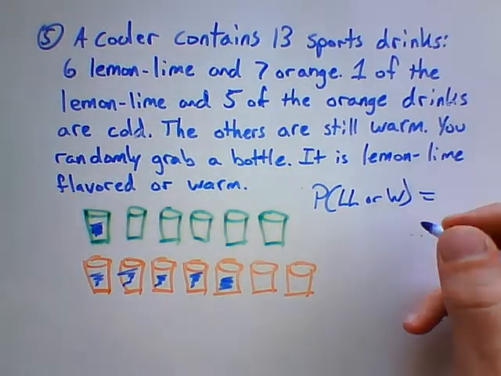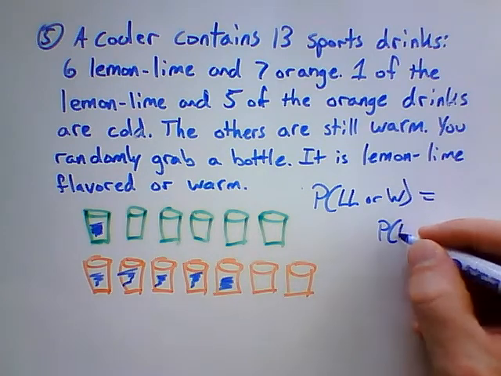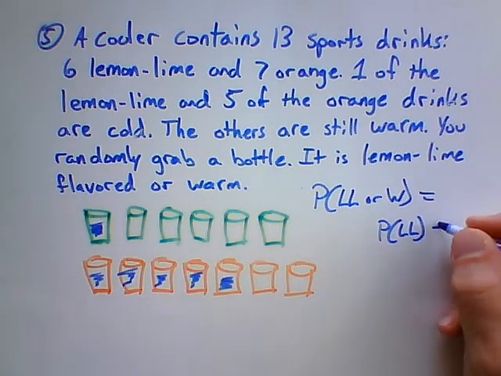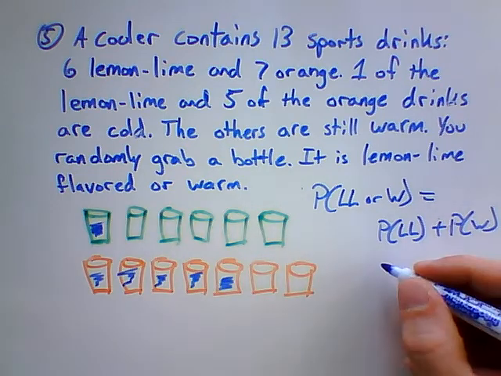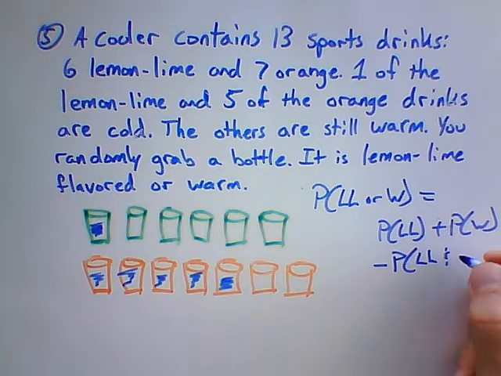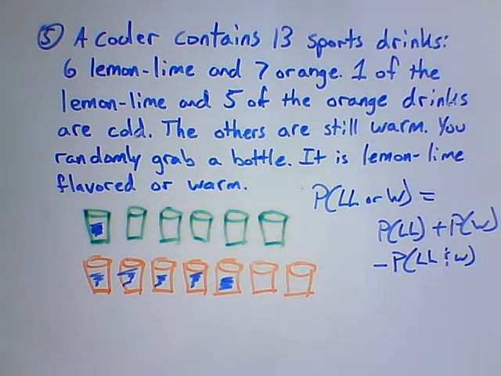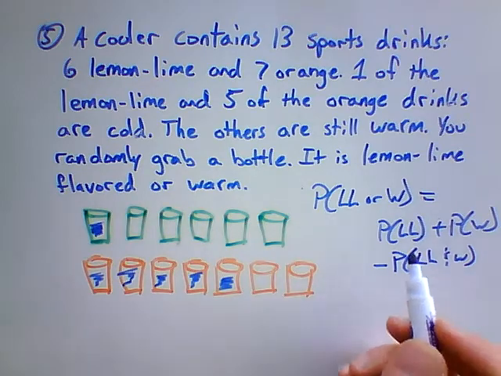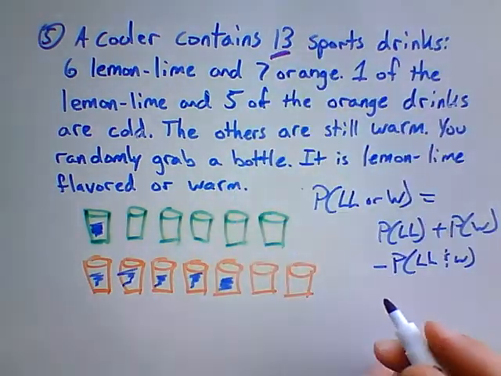I'm going to run out of space. It's going to be the probability of lemon lime plus the probability of W minus the probability of lemon lime and W. So, real quick, how many of them are lemon lime? Well, 1, 2, 3, 4, 5, 6 out of the 13.